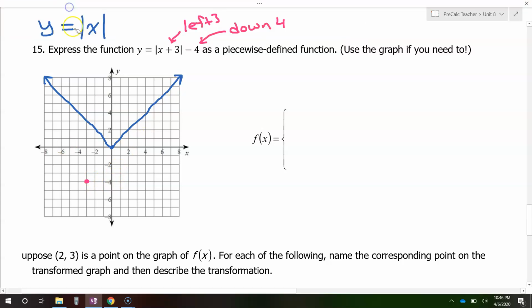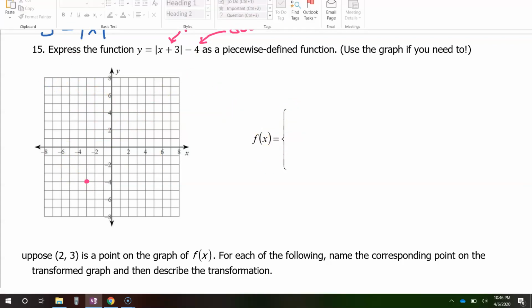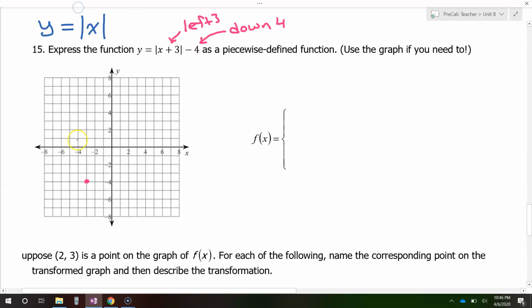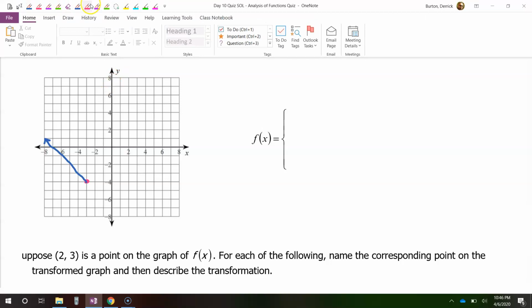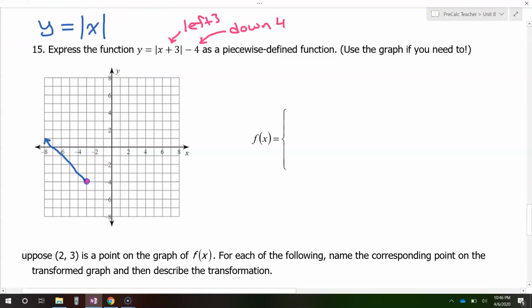Because of what I'm going to do next, as I try to write this as a piecewise function, I'm going to write the two sides of the V using two different colors. So I'm going to let the left side be blue so that you can follow what I'm doing. All right, I'll have the blue side, and then I will have the red side.